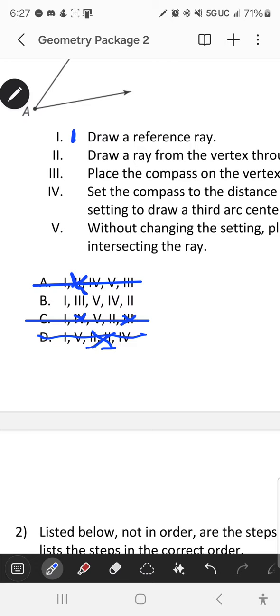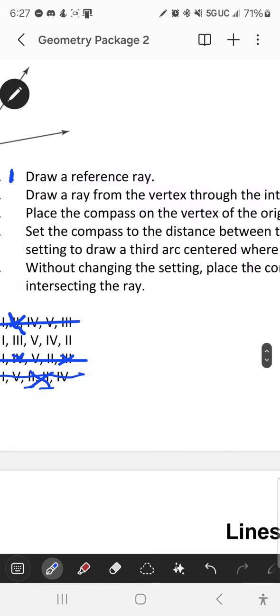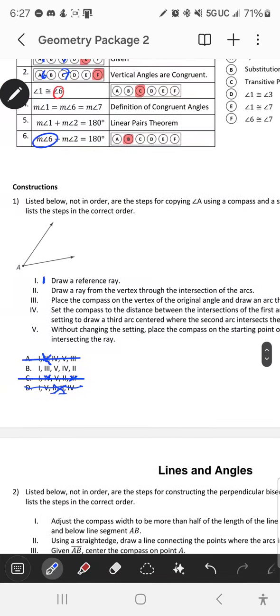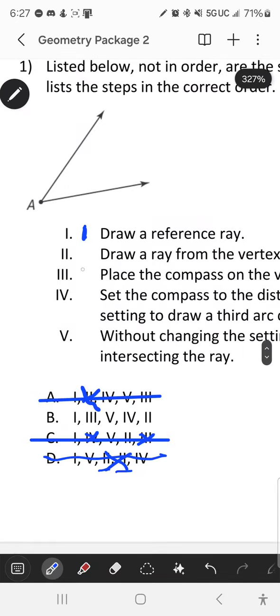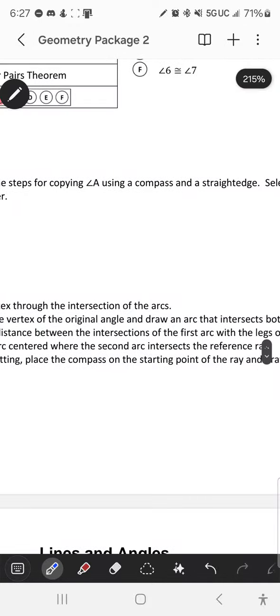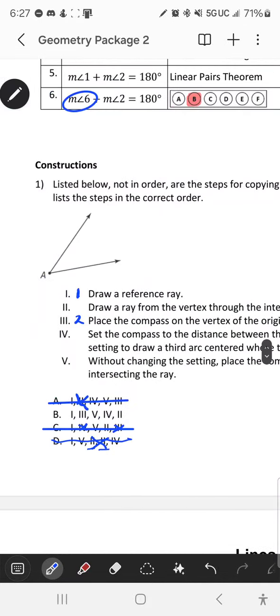Let's see if it makes sense before making it our final answer. First we draw a reference ray. We're cool with that one. Then we place the compass on the vertex of the original angle and draw an arc that intersects both legs. This makes sense. Now 5: without changing the setting, place the compass on the starting point of the ray and draw an arc intersecting the ray. This also makes sense.